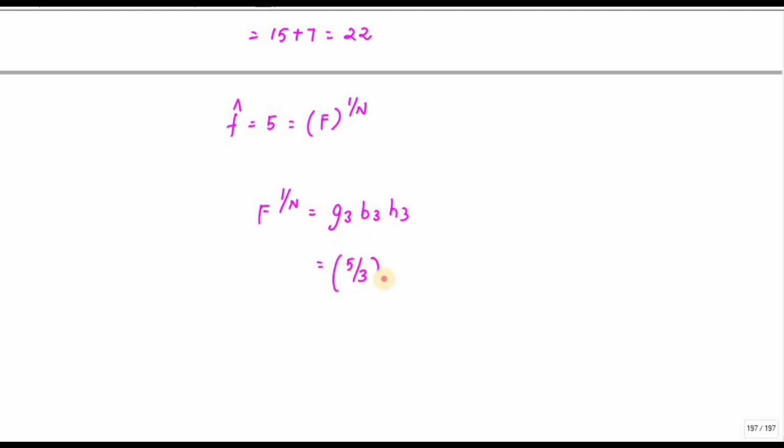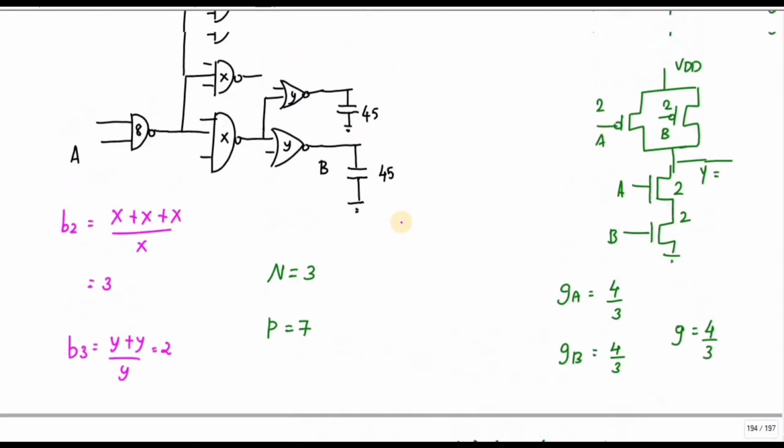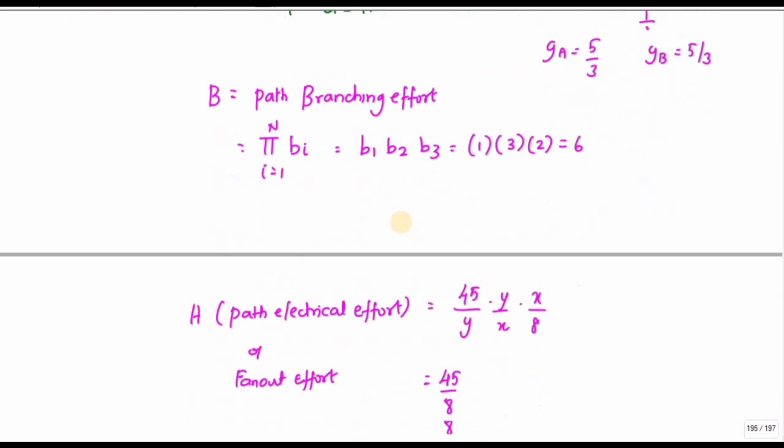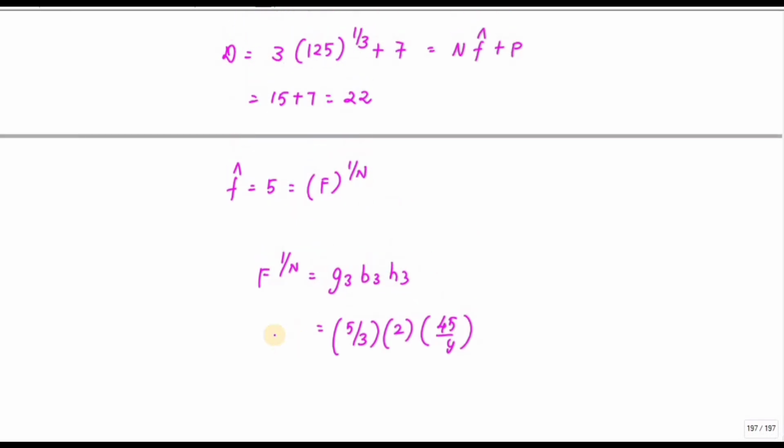So what is G3? G3 is 5 by 3. B3 is 2. Okay. H3 is 45 divided by Y. So what is F power 1 by N? That is 5.